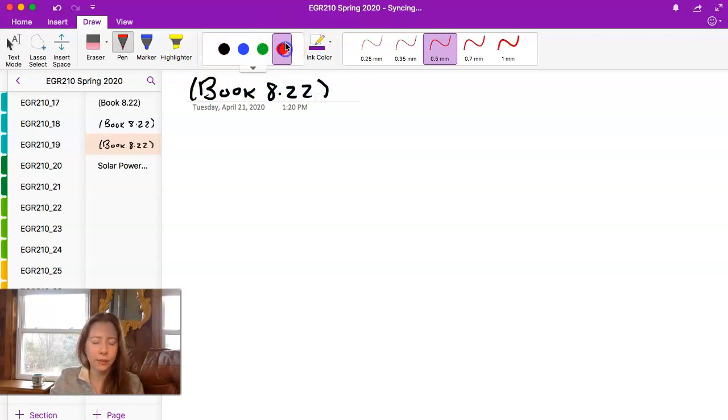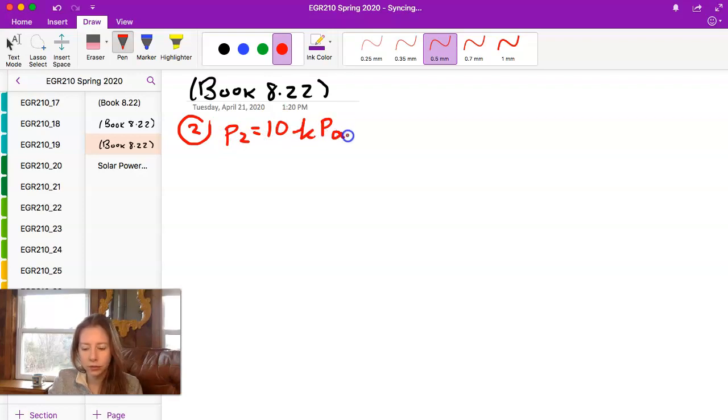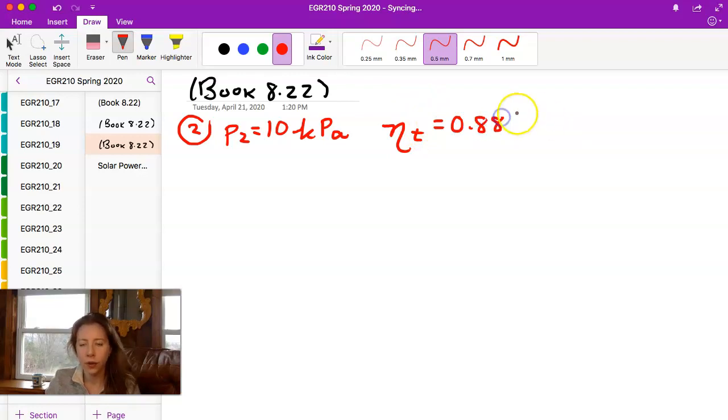So when we exit the turbine, some things we know. We know that our pressure is 10 kilopascals. Another thing we know about the turbine is that the isentropic efficiency is going to be 0.88, which is going to be WT over WTS.